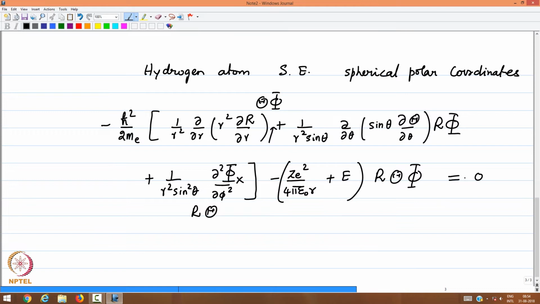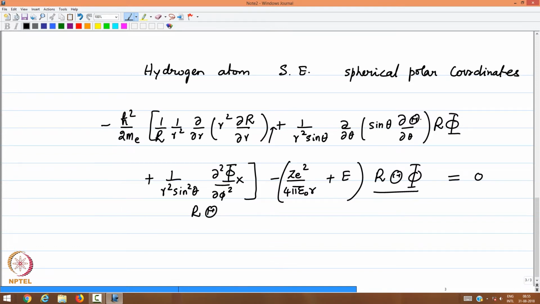Now, if you recall, we separated this by dividing the whole thing by R Theta Phi, and what we got was essentially the following equation. What will be left here is a 1 by capital R, because this is of course a derivative function, so R cannot be cancelled from here.